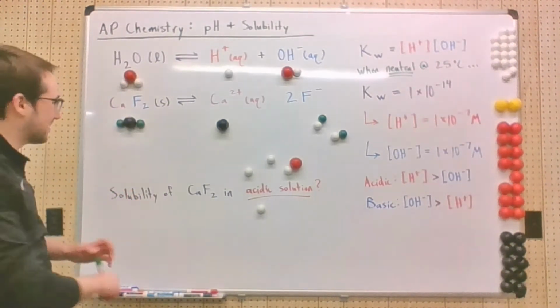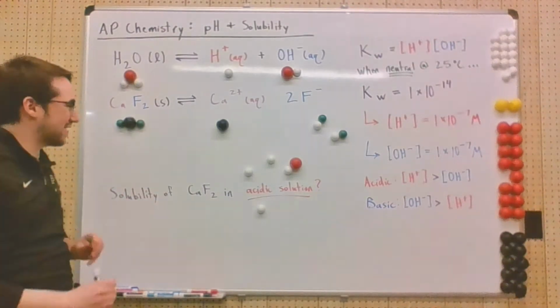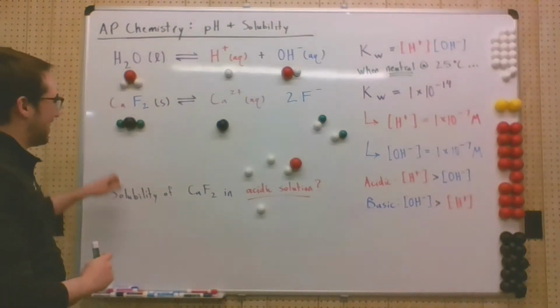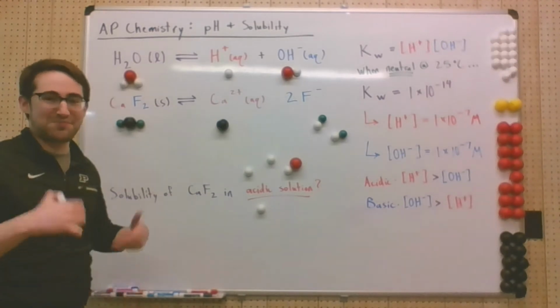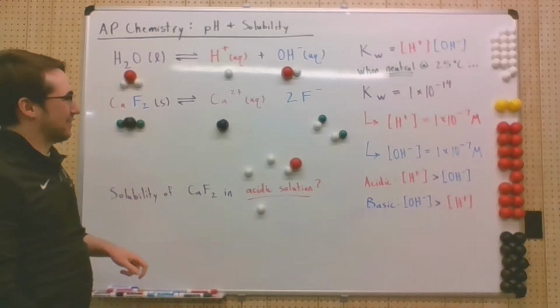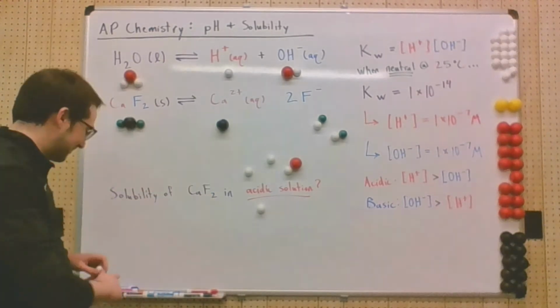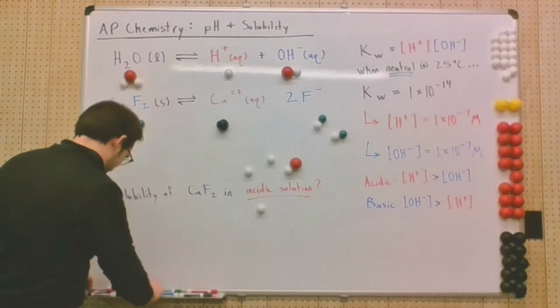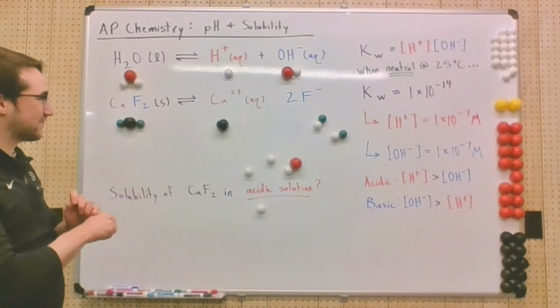Okay. In this case, my green stabs are representing fluoride, and my black ones are representing my calcium, and my red ones are still oxygen. Okay, so let's do this magenta color.